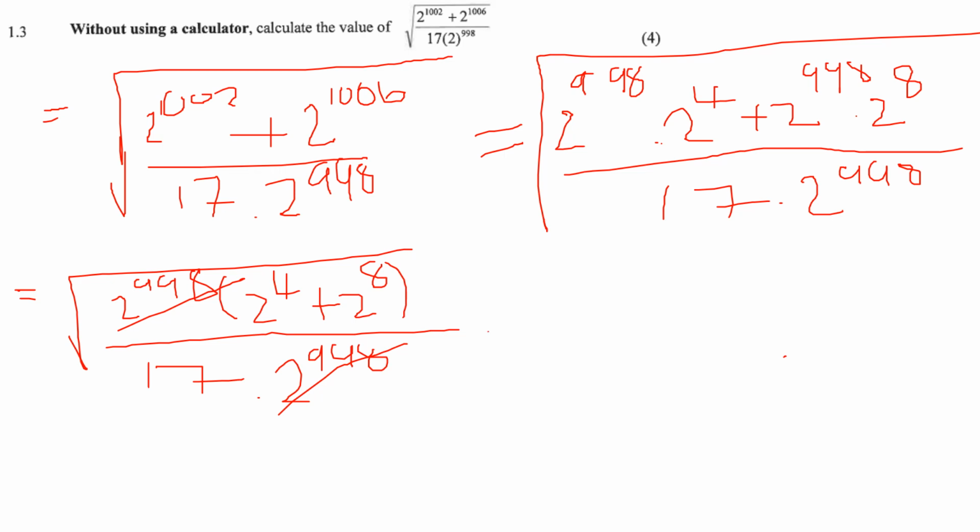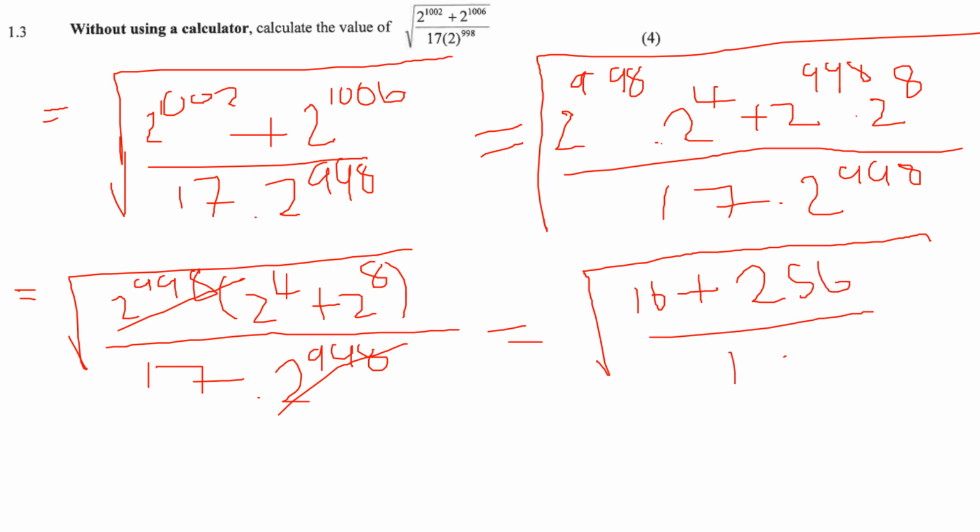Therefore you are left with, what is 2 to the power of 4? 2 to the power of 4 you already know is 16, and then what will be 2 to the power of 8? 2 to the power of 8, it will be 256. So I guess they can't know that you have used a calculator to get that 2 to the power of 8. You will say you are a mathematician, but then that is fine. So it's 16 plus 256 all divided by 17.